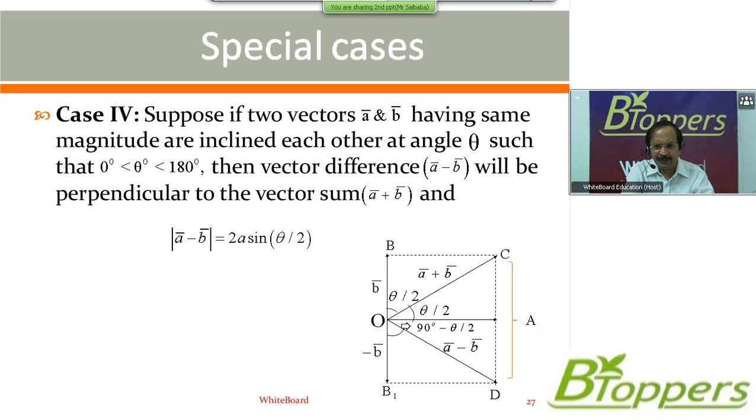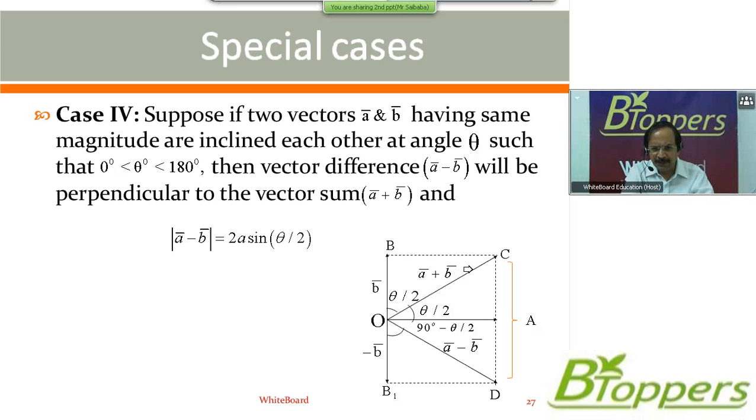The same diagram which I have explained previously. In this figure, direct line segment OA bar represents the vector A bar. Direct line segment OB bar represents vector B bar. OACB is a rhombus, of course a parallelogram, because mod of B bar is same as mod of A bar in this case.